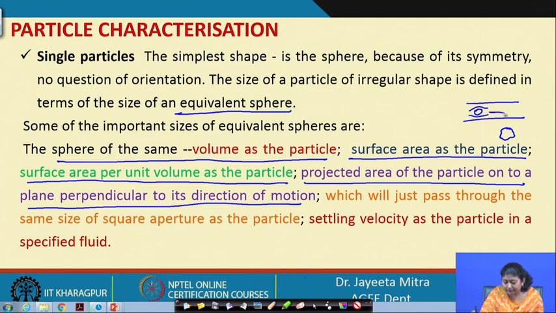In the direction of the flow we take the projected area of this, and the diameter of that we take, or the distance between two points, the tangential points, and then we measure the diameter, or else the particle should pass through a square aperture of the same size as the particle, and also the settling velocity of a particle in a specified fluid.